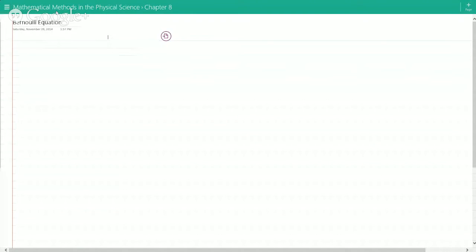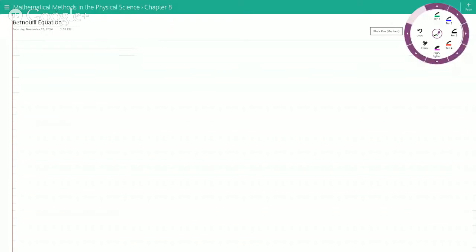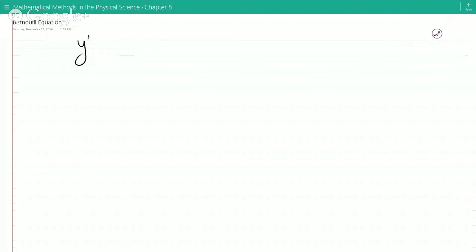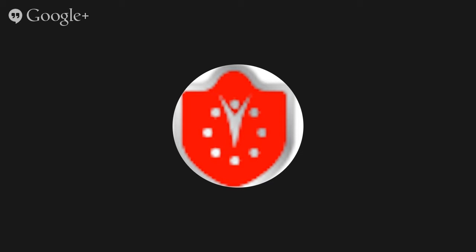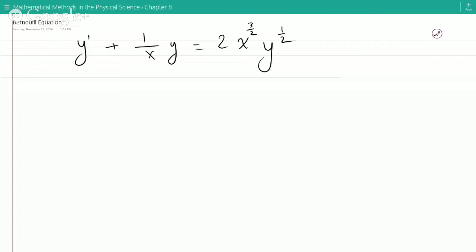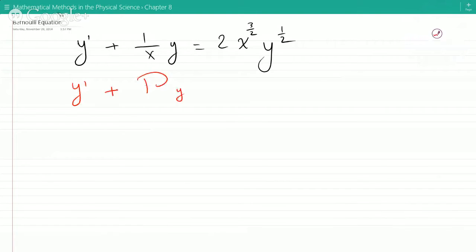So we have here y prime plus 1 over x y, plus py equals qy to the n.